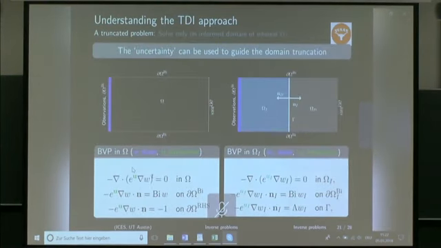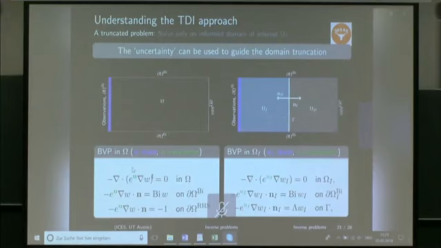The idea is the following. We divide the domain into two parts: omega I, where we do the inversion, and omega D, where we truncate. I'm going to tell you later where to truncate, but assume for now that we know the truncated domain omega D, so we remove that part.